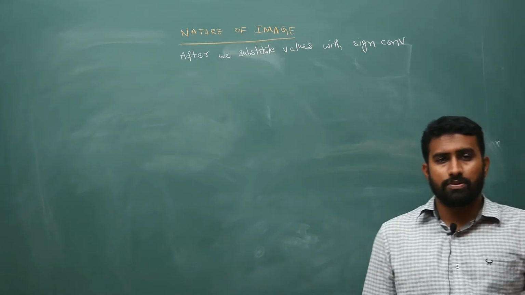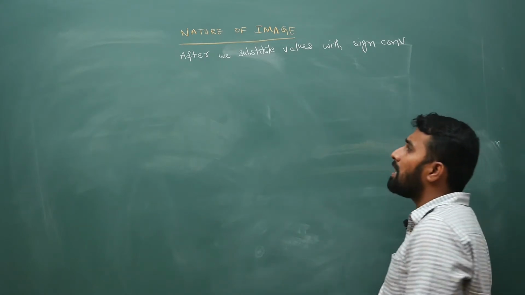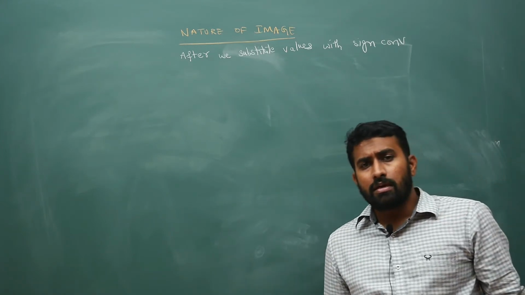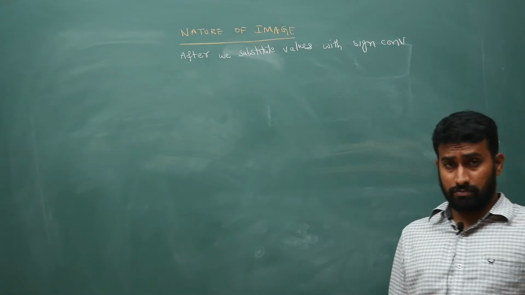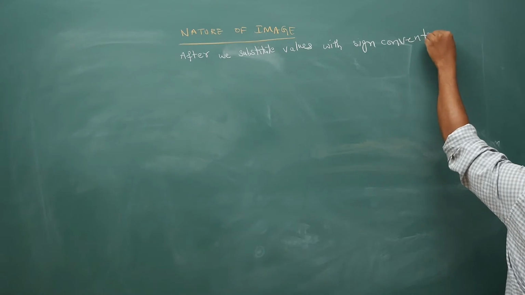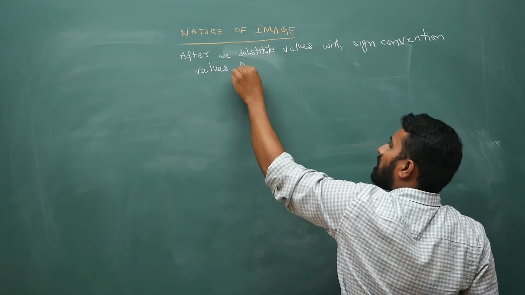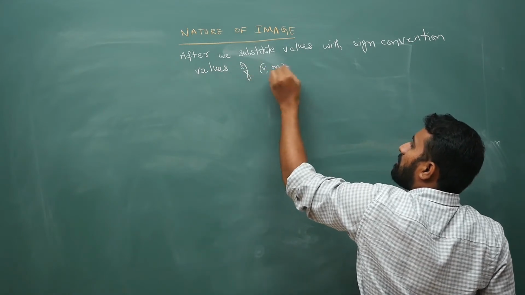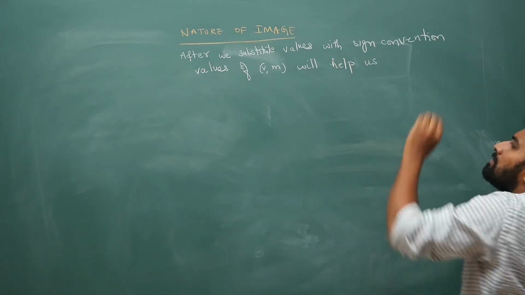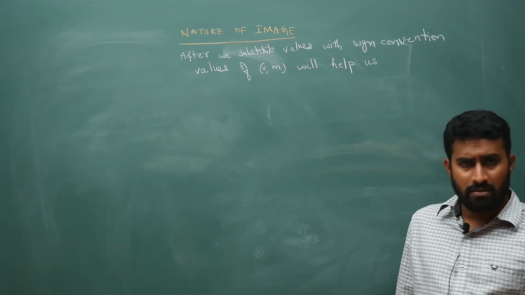After you substitute the values with sign convention, you will get certain values for V and m. After we get, with sign convention, values of V and m, they will help us to give the nature of image. So I am not completing this statement, not required.